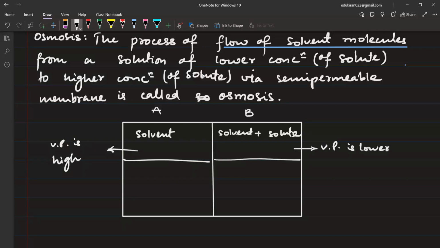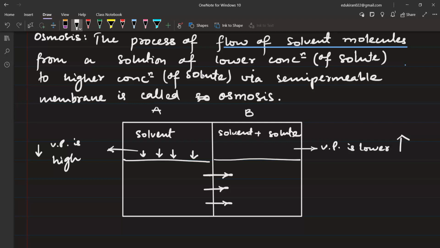Now, when the vapor pressure is high, a pressure is applied from chamber A, and the solvent molecules have a tendency to flow through the semi-permeable membrane. So the solvent molecules are going to flow until the vapor pressure is equal on both sides. We have pure solvent here, and solvent plus solute there. As the amount of solvent increases, the vapor pressure here increases, and the vapor pressure there slowly gets lowered.